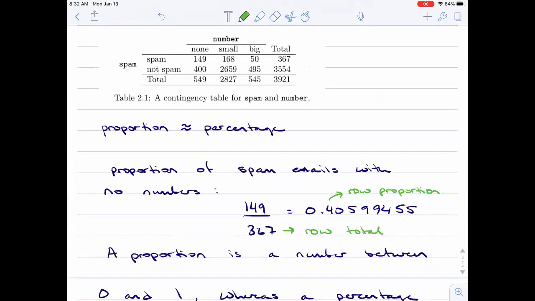And so out of the spam emails, right, that's where the 367 comes from. If we want to talk about out of the emails that had no number, right, then our total is 549. Then 149 of those were spam, right? So it just depends on what we want to talk about.